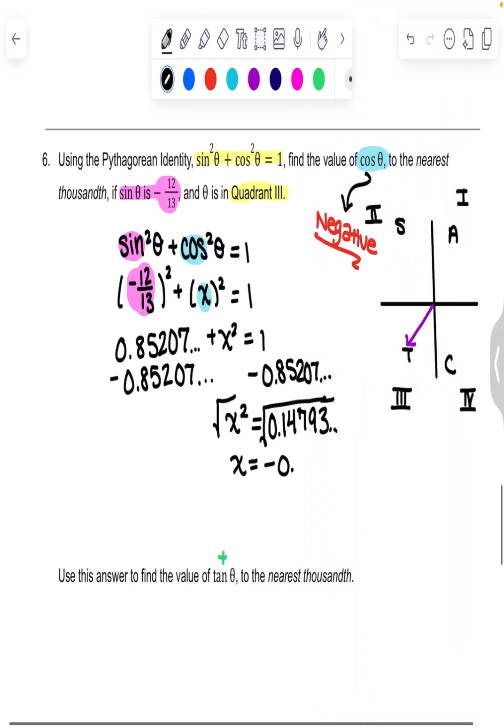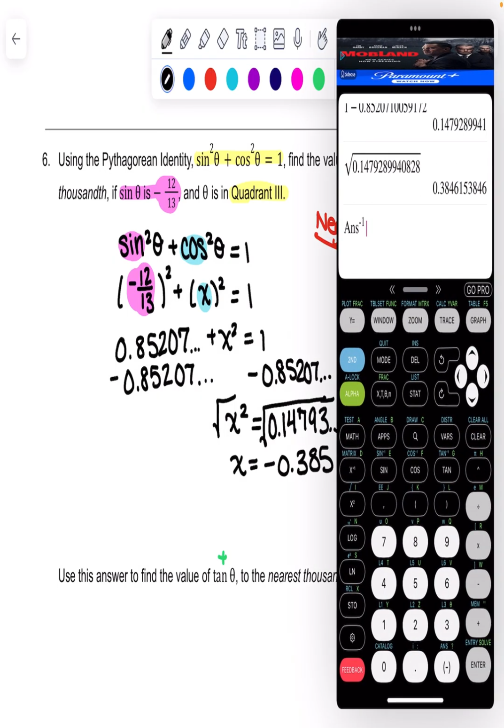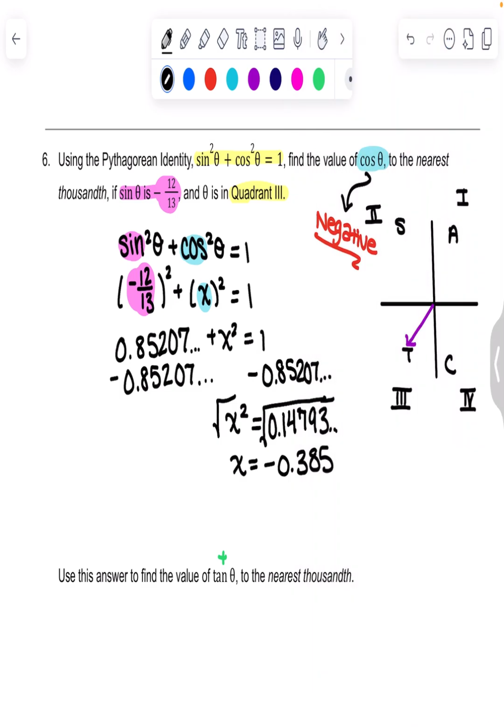Again, just another step from what we were doing before. So the cosine of theta. Make sure you always, if you substitute it in for x, rewrite it as cosine or sine or tan, whatever you're solving for: 0.385. Awesome.